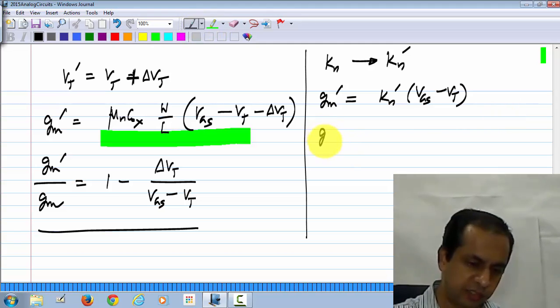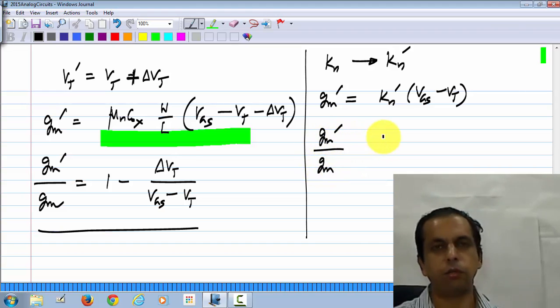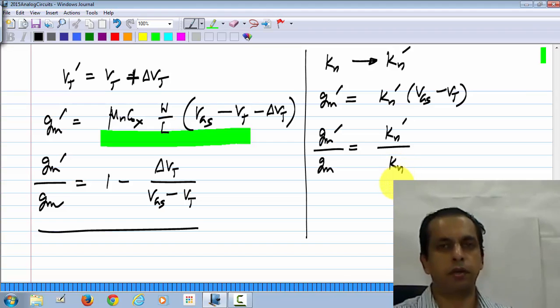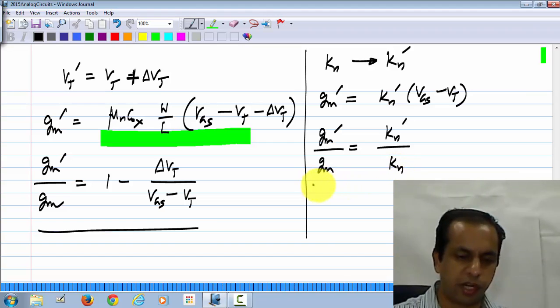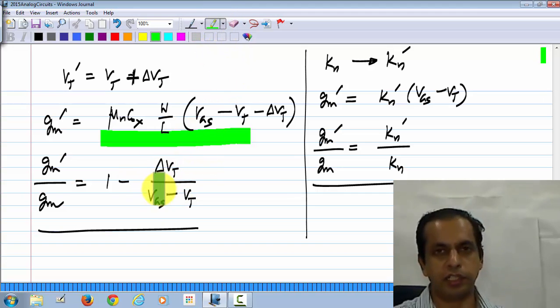Then in this case, GM prime divided by GM, that is the new value of GM compared to the original value of GM, is just Kn prime divided by Kn. So this gives you the relative change in GM when VT changes.